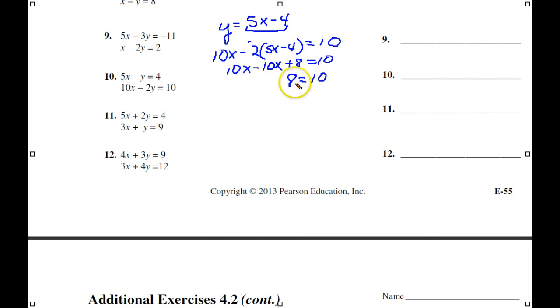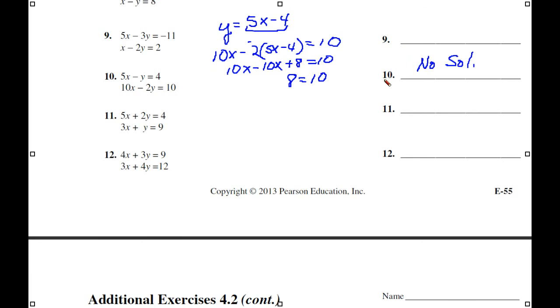Now that's not true. Okay, why I chose this one is when you end up with a not true statement, there is, for number 10, no solution, because these lines are in fact parallel, so there would never be a solution.